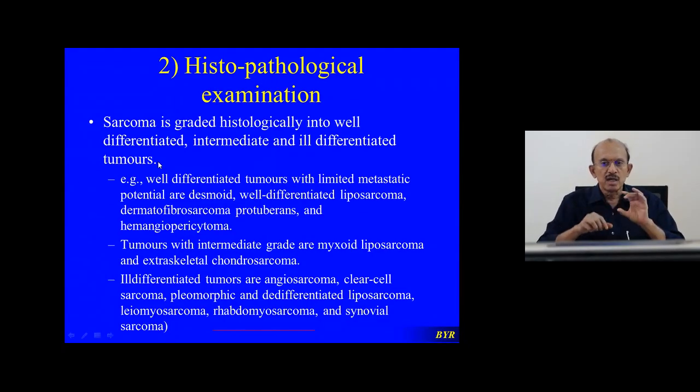So, you have removed the mass from the thigh region. Which muscle? It may be from the rectus femoris, it may be from the vastus medialis, it may be from the vastus lateralis, or it may be from sartorius, or from vastus intermedius. You do not know. So you remove that mass and send it for biopsy.